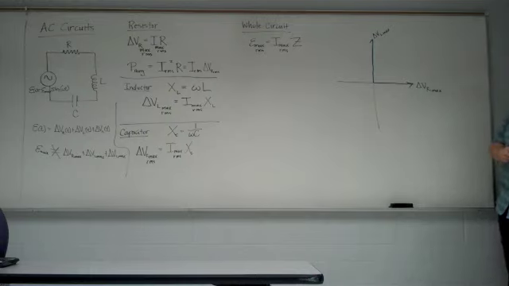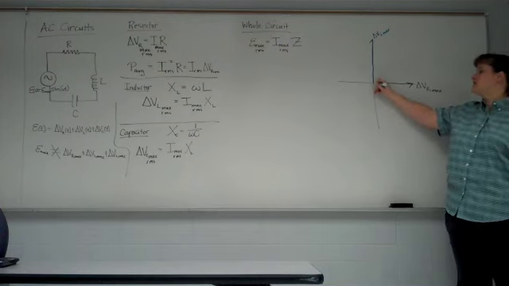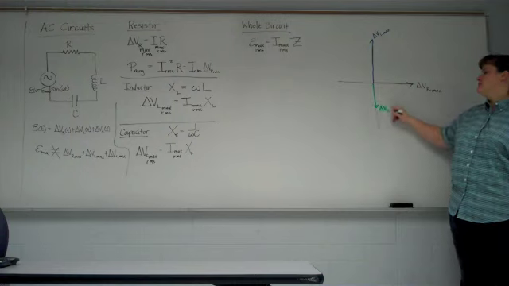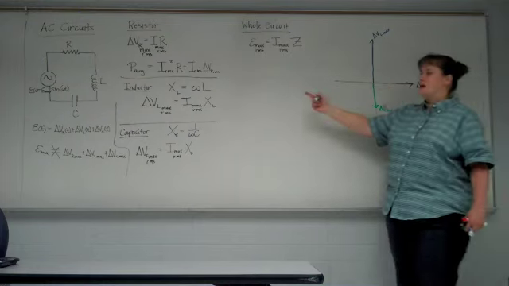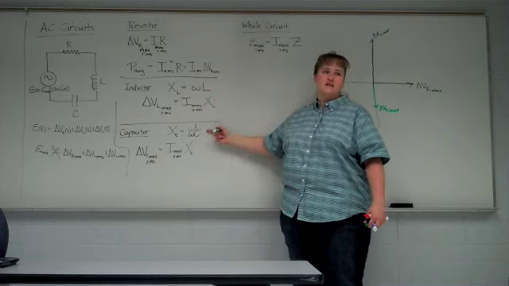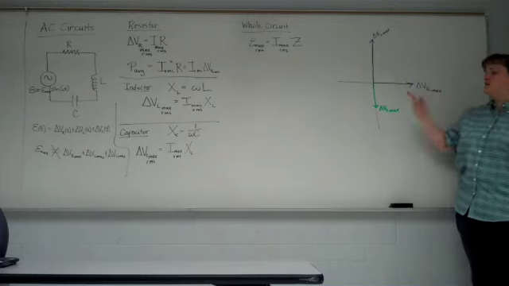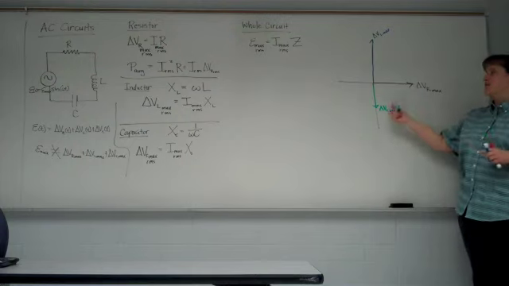The capacitor, the voltage lags the current by 90 degrees, and so when we draw in the voltage for the capacitor, we need to go down. Now, how long they are going to depend upon XL and XC. I'm just randomly choosing delta VL to be longer than delta VC. That doesn't have to be the case. Delta VC can be bigger than delta VL.